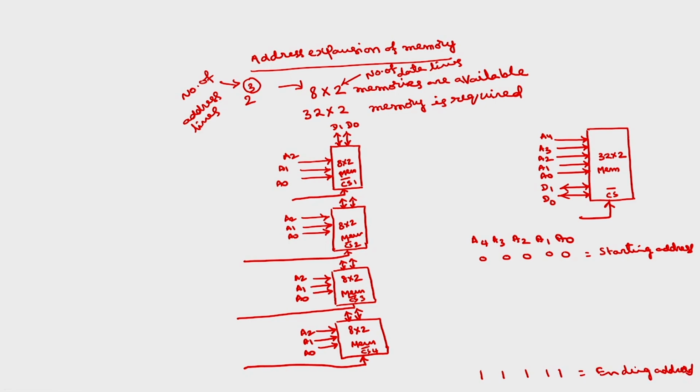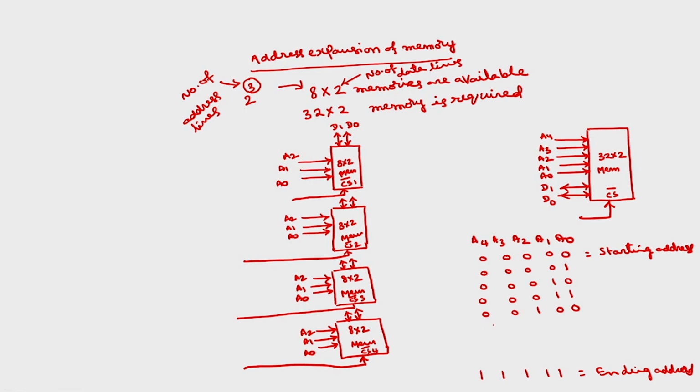If I take the first 4 locations, what happens here? This is 0 0 0, 0 0 1, 0 1 0, 0 1 1, 1 0 0, and so on.